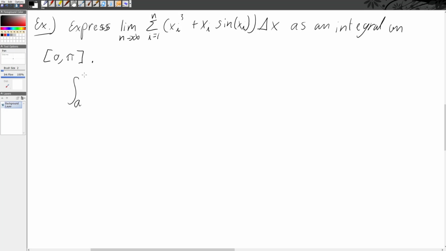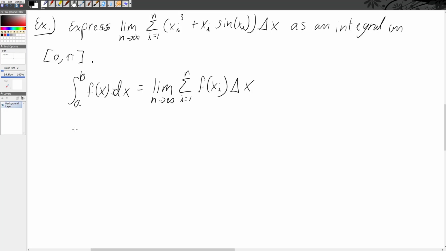An integral from a to b of f of x dx is equal to the limit as n goes to infinity of the sum from i equals 1 to n of f of xi, delta x. So essentially what we want to do here is take a look at the right hand side, match up the values, and then use that to plug in everything on the left hand side.